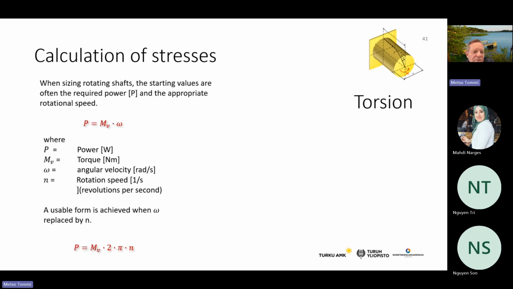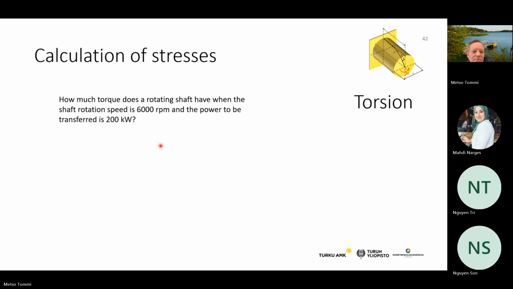And also we can use these equations when we want to know the power in an axle: we take this torque Q and angular velocity, and we get the power value in the axis. Here is an example of calculation of torque Q.